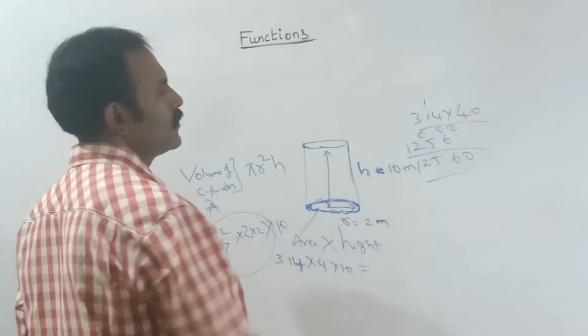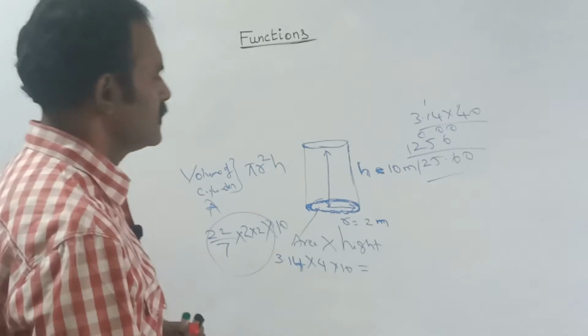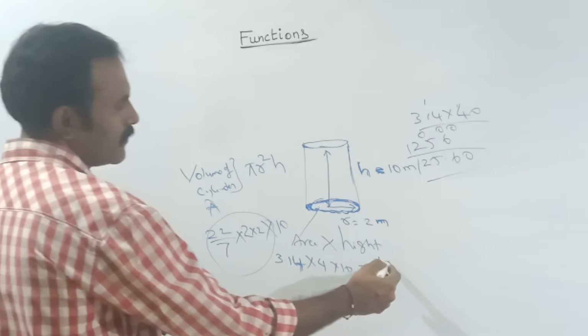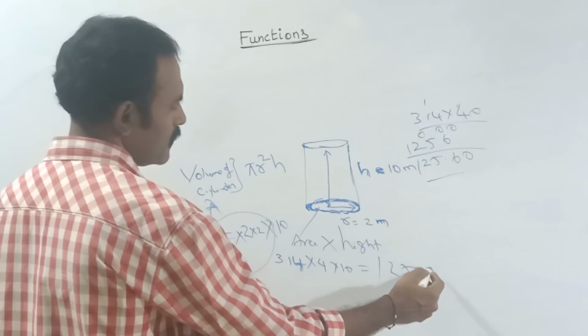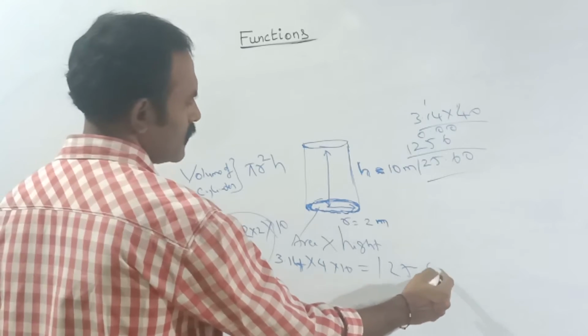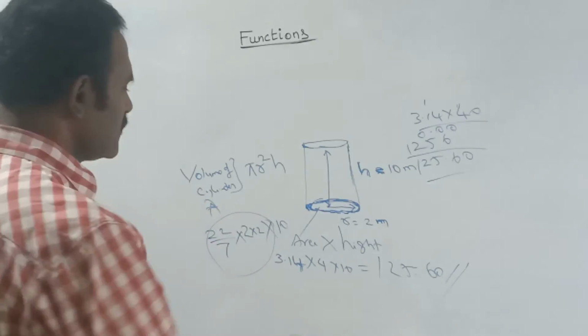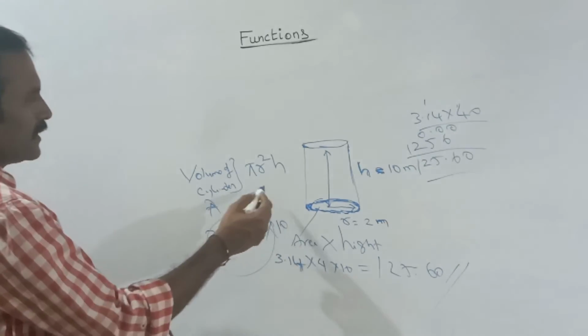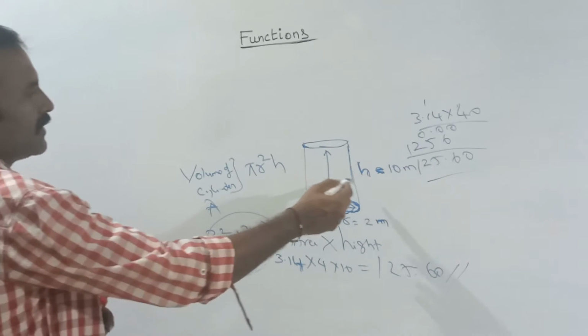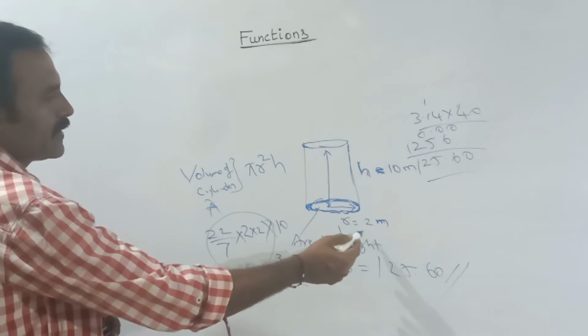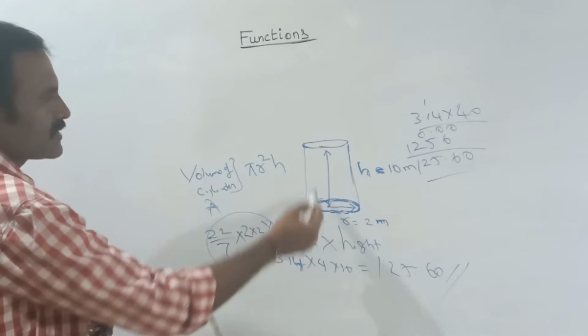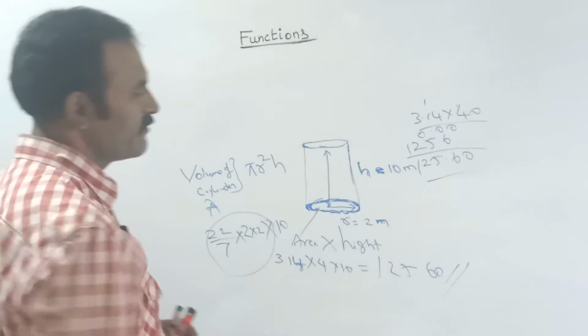The answer is 125.60. This is the total volume of the cylinder. If the height is 10 meter and the radius is 2 meter, the answer is 125.60.